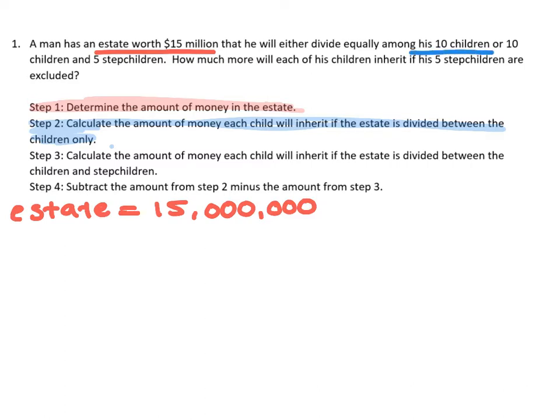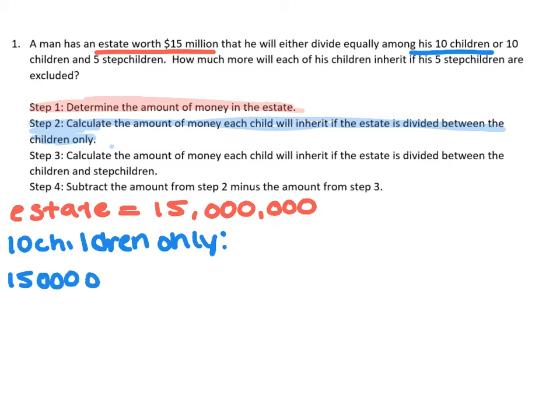So if I'm just dividing this between the 10 children only, it's going to be 15 million divided by 10, which would give me 1,500,000.